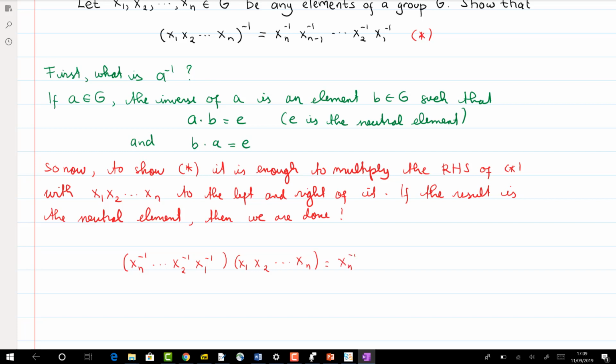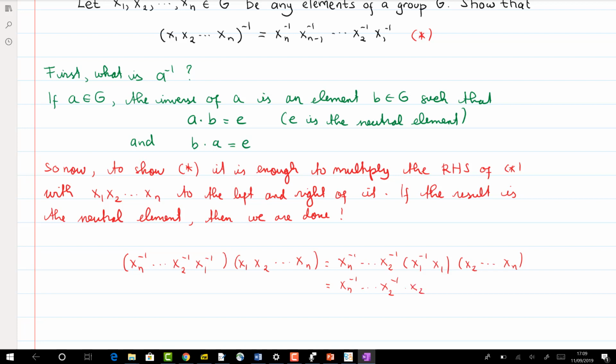And since the product is associative, we can multiply x1 inverse and x1 first, right? So this is actually the generalized associative property. If you don't have that yet, you may want to try to prove it.